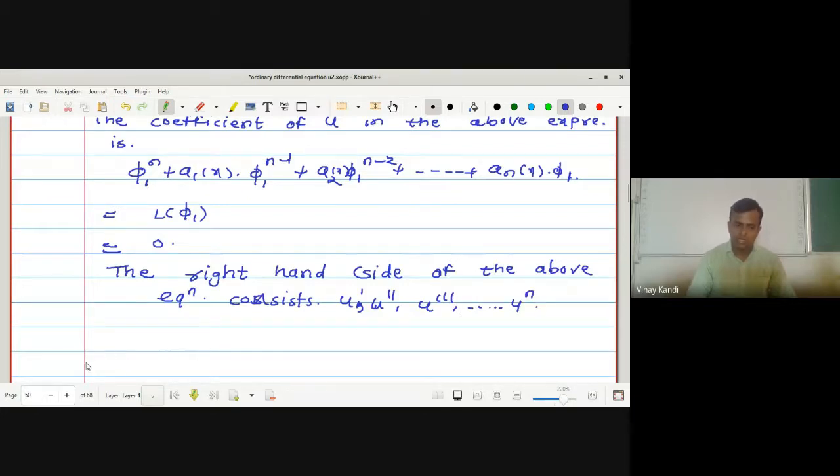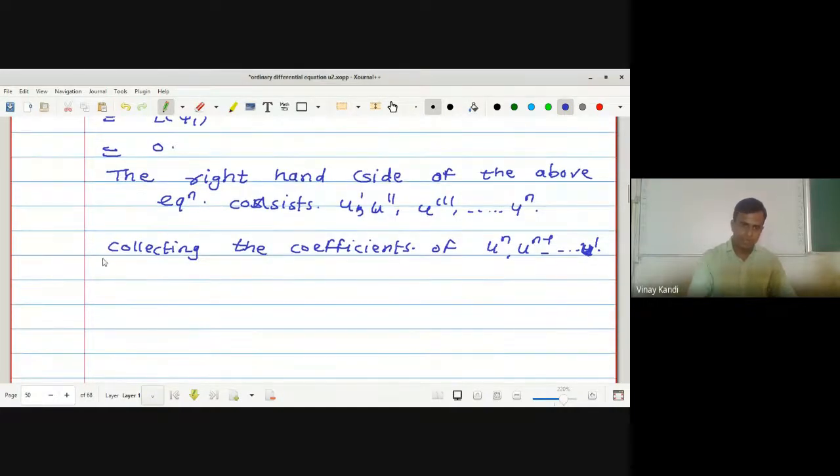Now collecting the coefficients of u raised to n, u raised to n minus 1, up to u dash, here we get u raised to n, the nth derivative of u, into phi 1. Okay, look at here.